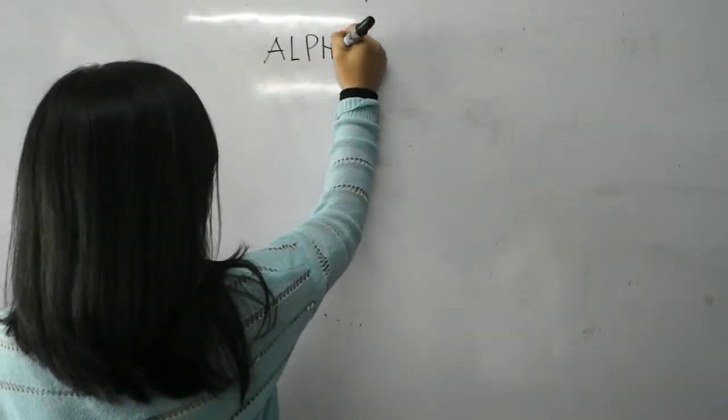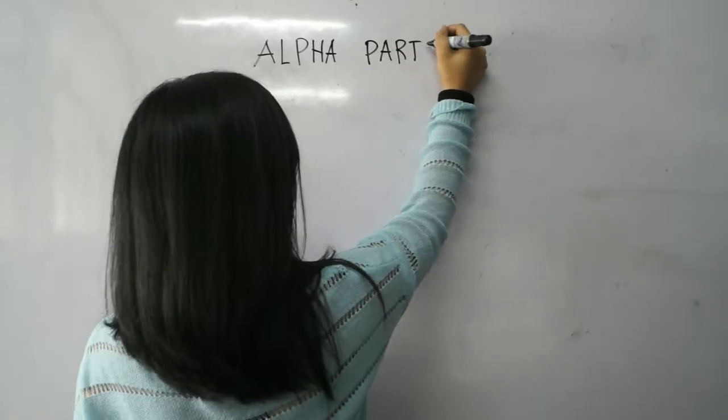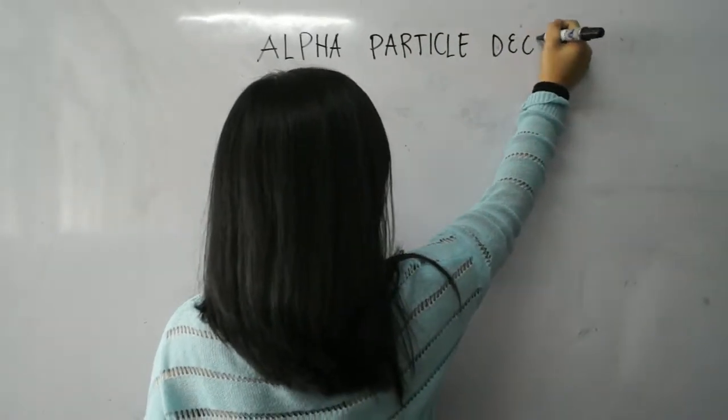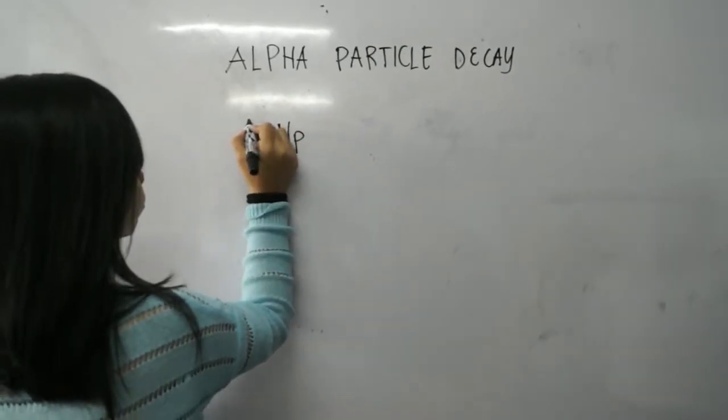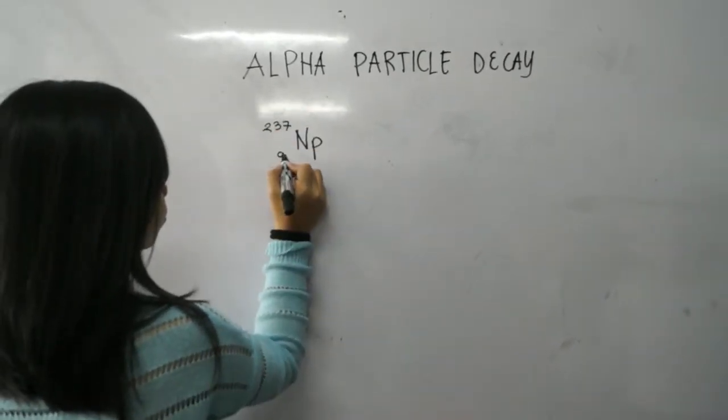Alpha particle decay is when a nucleus has too many protons and neutrons and gives off a particle made up of 2 protons and 2 neutrons, so a new nucleus is formed. For example, neptunium with an atomic weight of 237 and atomic number of 93 undergoes alpha particle decay.